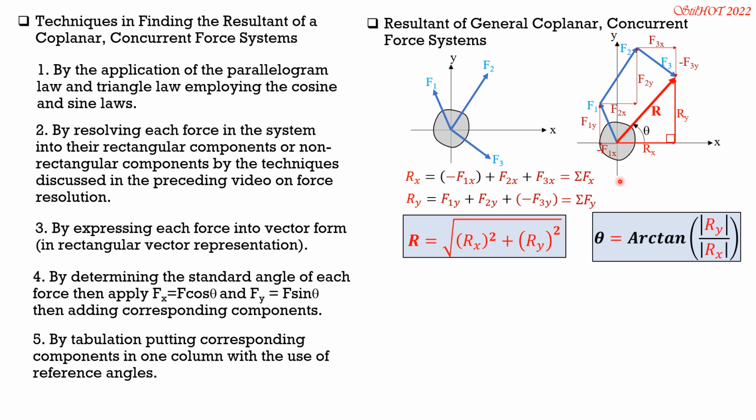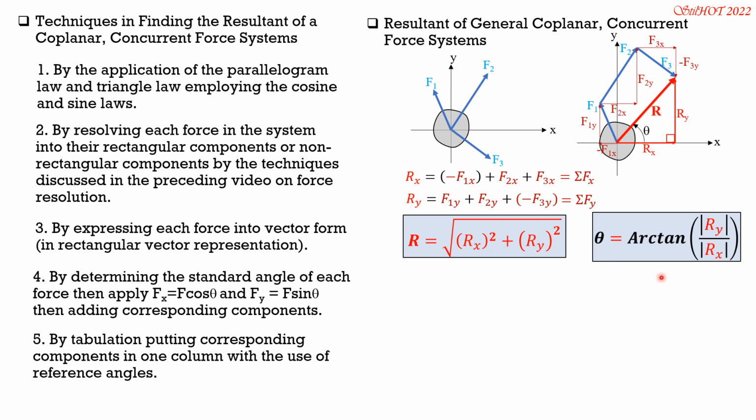But this is only applicable if theta lies in the first quadrant. Now what if the resultant lies in the second quadrant? Theta should be obtuse.